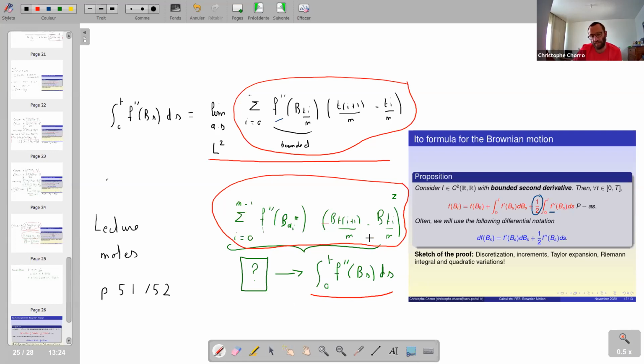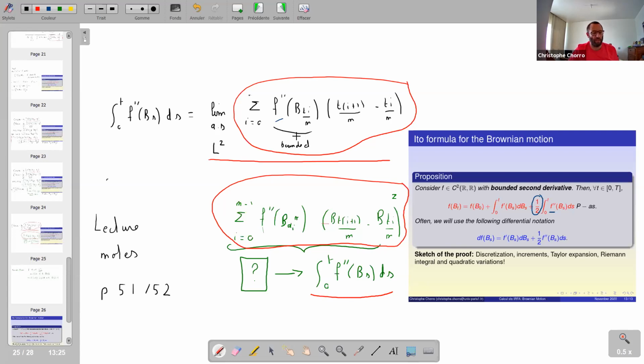The fact is that alpha in is between ti over n and ti plus 1 over n, meaning that when n goes to plus infinity, these two points are very close. And I know that in expectation, the expectation of this term is simply ti plus 1 over n minus ti over n. So on average this one is this one, and it is not very far from it when n is big. So it's not that surprising that the limit of this term will be the limit of this one.